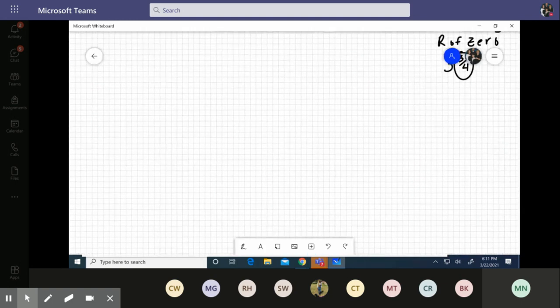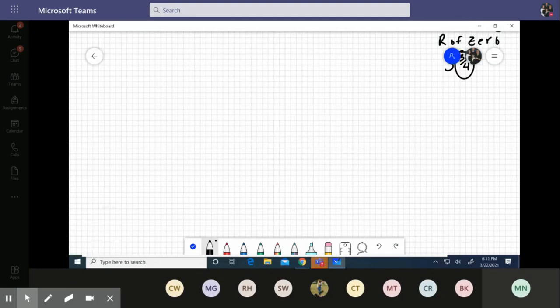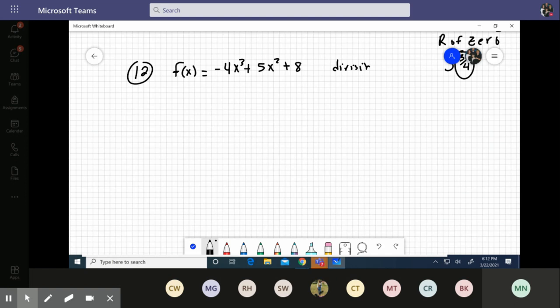If I went to your example problem down at the bottom of the page, I have f of x is equal to negative 4x to the third plus 5x squared, and I want to know, is it divisible by x plus 3?